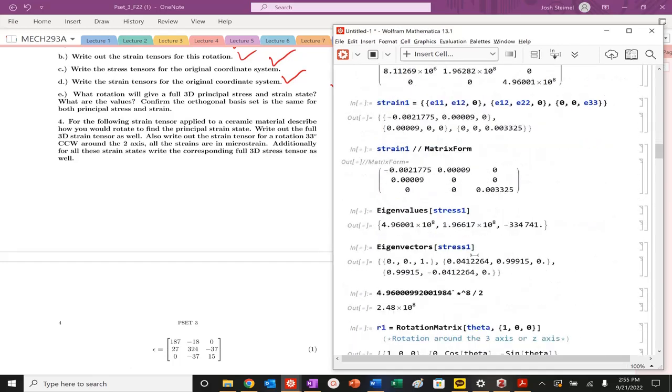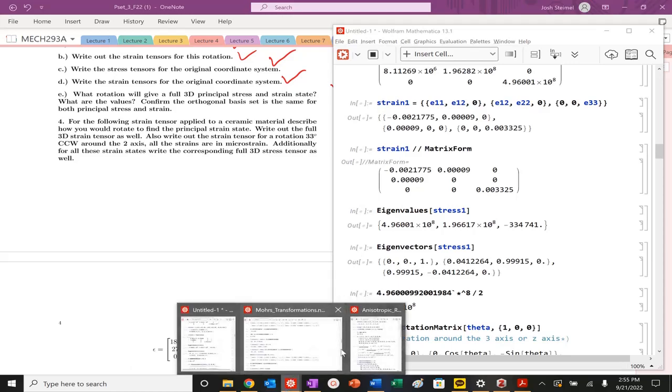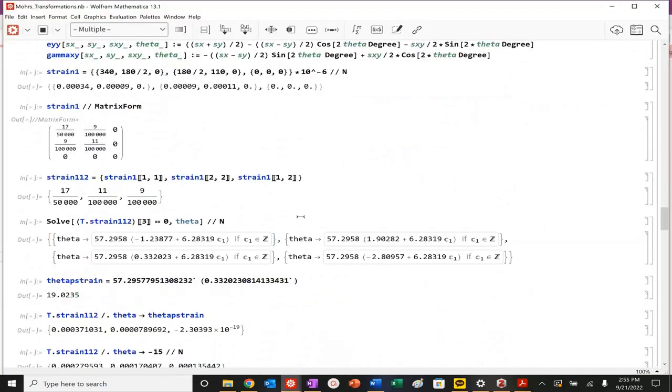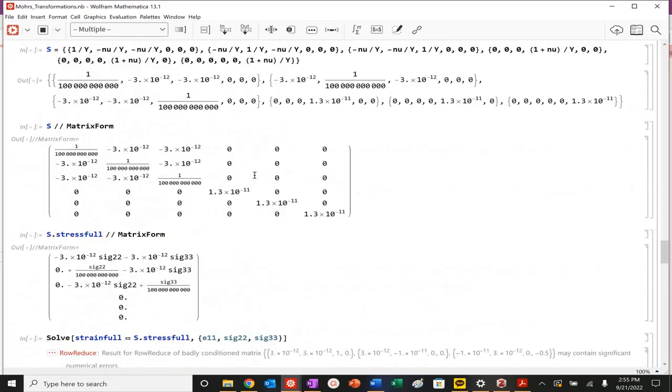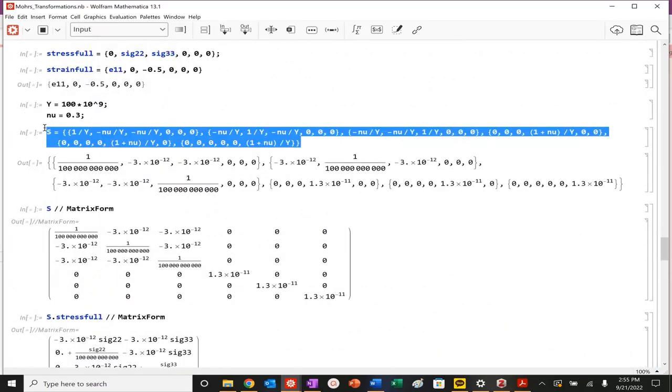So we could also do, again, the stress data as well. And this is where it would be very wise to have set up your compliance tensor, excuse me.